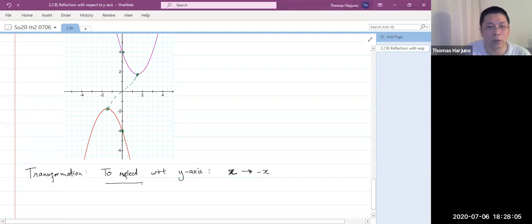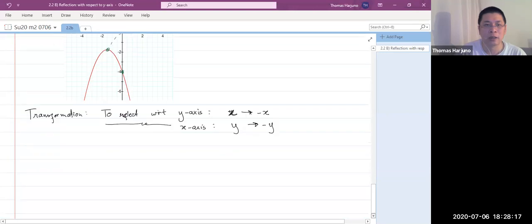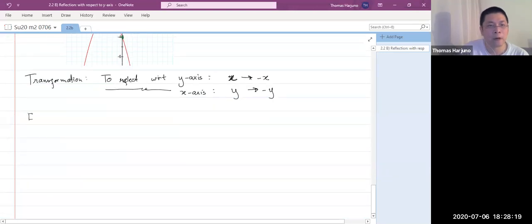To reflect with respect to x-axis, y becomes negative y. Okay, now that gives us a hint. Then, for example, what happened to the graph of y equals to negative absolute x plus 2 plus, let's say, 4.